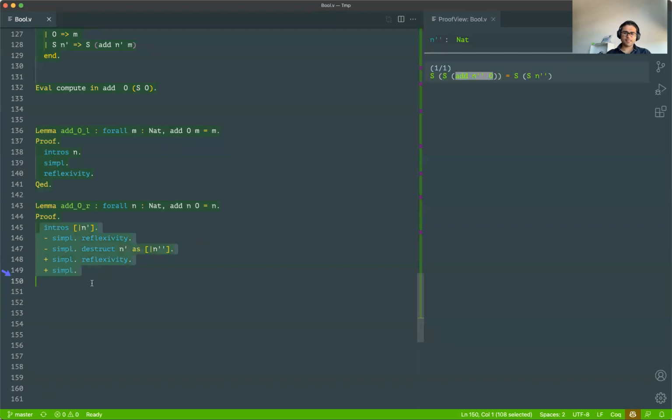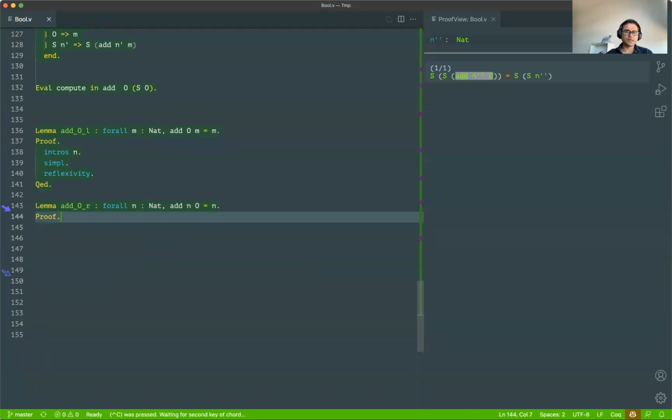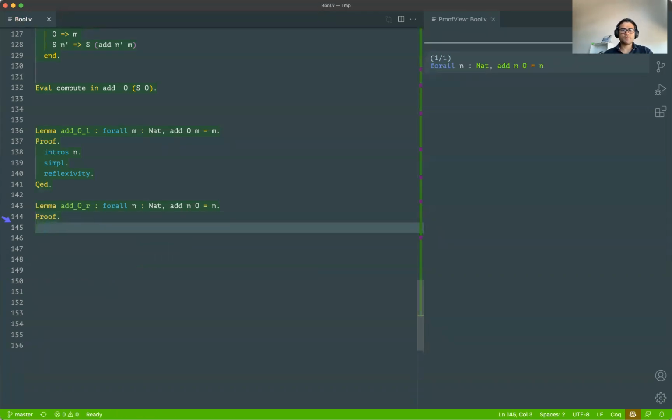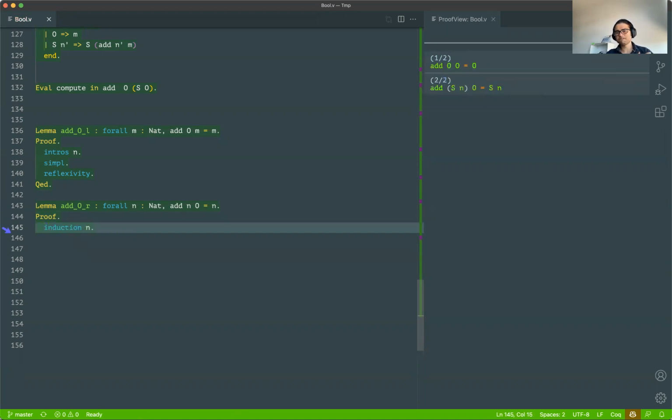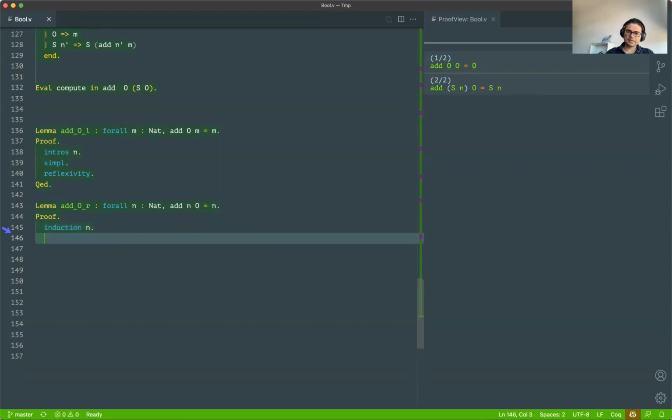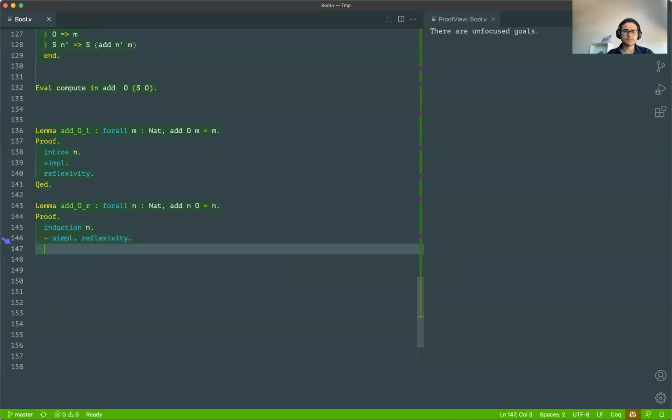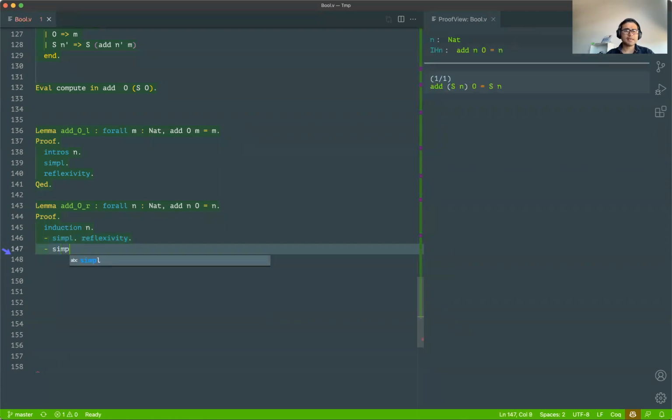So let's see how we would prove that. I will say induction n. The first thing is simplification. So it's the same as the previous destruct, reflexivity.